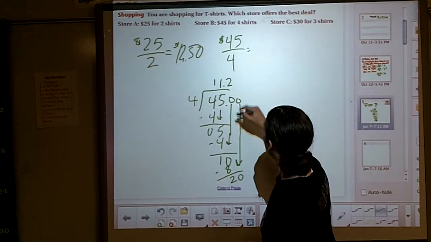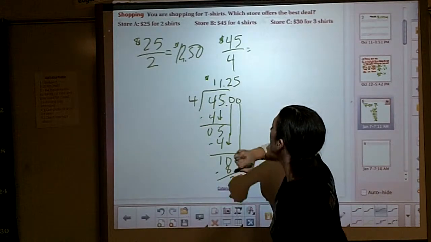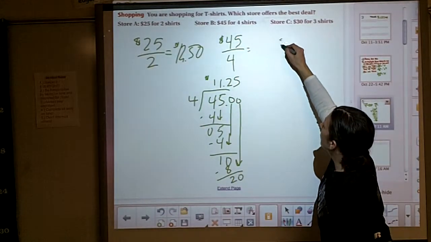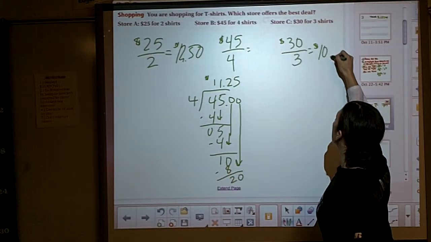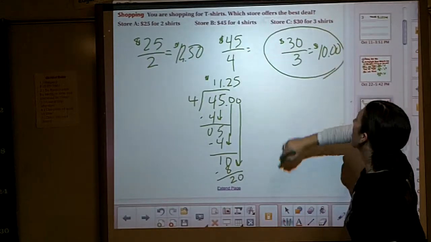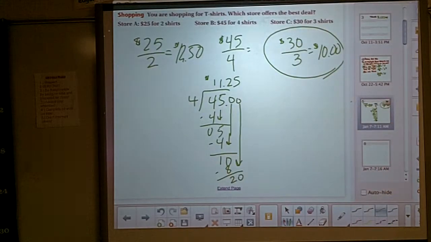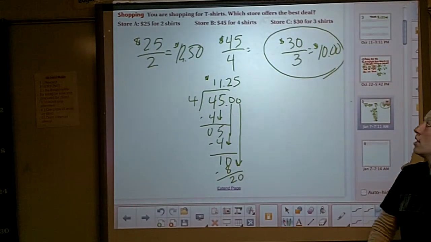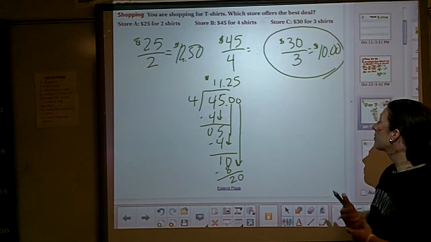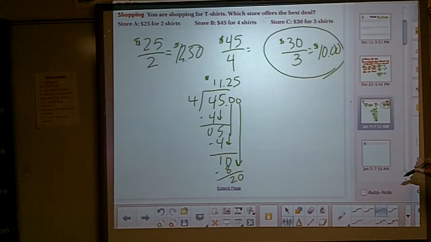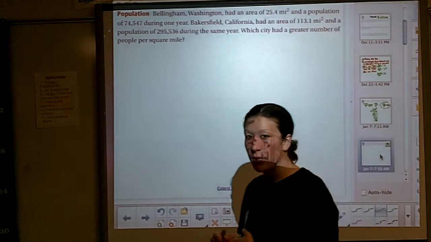And 4 goes into 20 five times. So it's $11.25. And then this one, I take my $30 divided by my 3 shirts, and I get $10 per shirt. So the 3 shirts for $30 is actually the better deal in this situation, instead of it being the more shirts you buy, the better the deal. Okay, so that's just comparing unit rates.